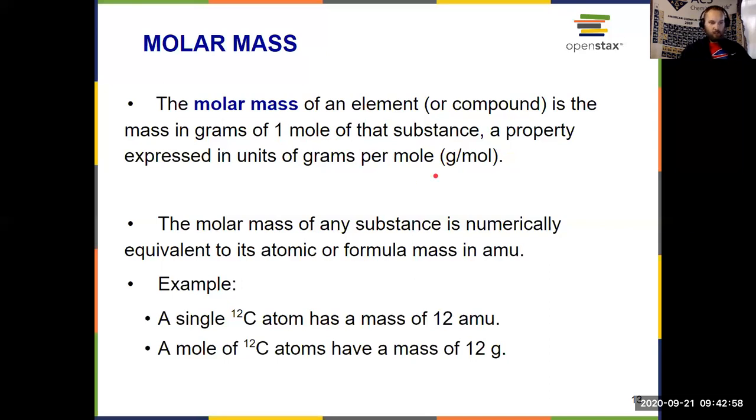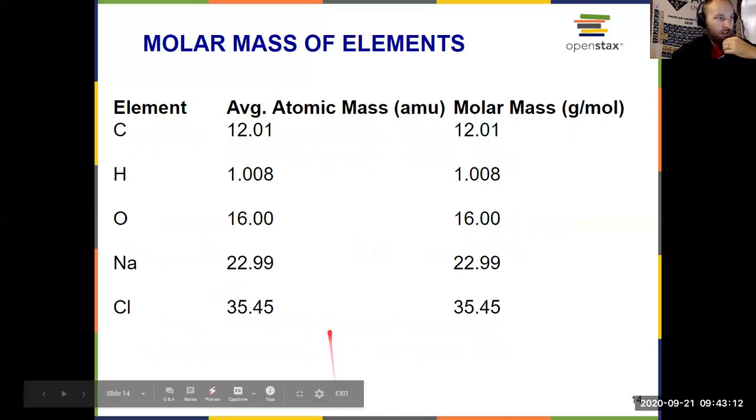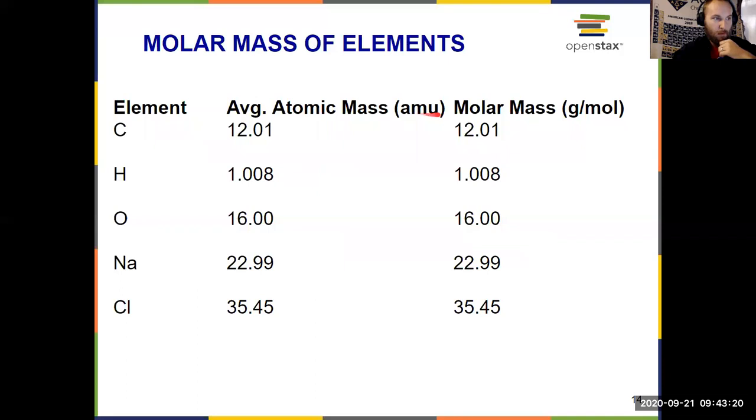And as I just mentioned, 30 seconds ago, that is equivalent to the formula mass in atomic mass units, which is why we started this section by figuring out how to calculate formula mass. Because if you can calculate the atomic mass, the molar mass is the exact same number. We just changed the units, atomic mass versus grams per mole.